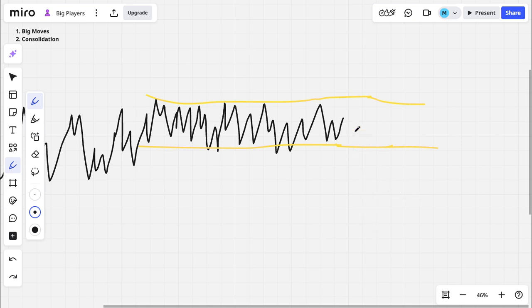Now first of all, during accumulation, during this consolidation phase, there will be many liquidity hunts. Now both of these are a stable consolidation phase. Here you can see that there are multiple liquidity hunts happening on the downside. I'll discuss this key point later on. First, let's understand. So in this consolidation phase, you will see that there are many liquidity hunts.